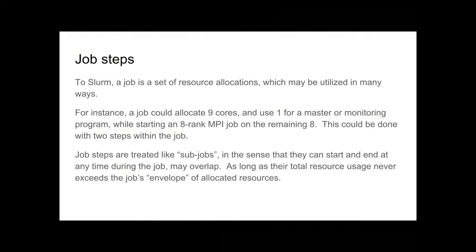This is a general feature. Most people don't take advantage of it, but it's quite general. So you can have multiple concurrent job steps within one job, because from Slurm's perspective, all that matters is that you have a fixed set of resources, and how you divide those up is up to you.